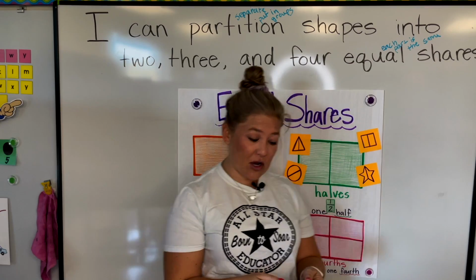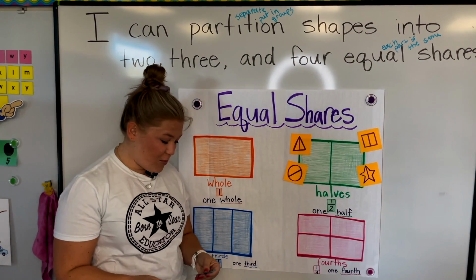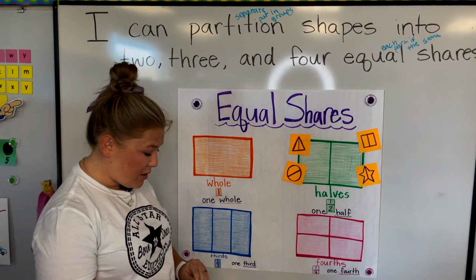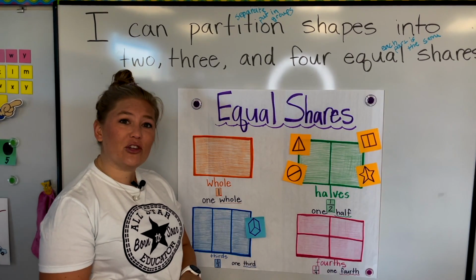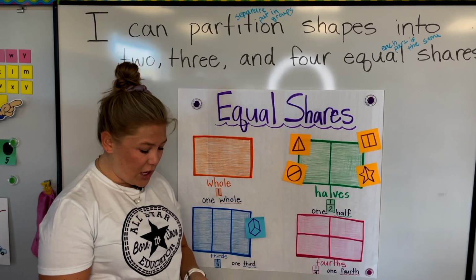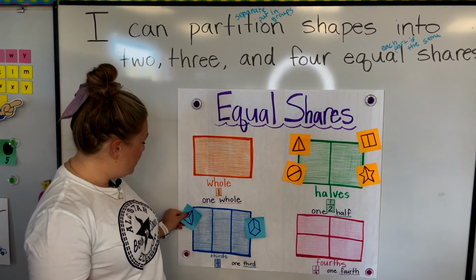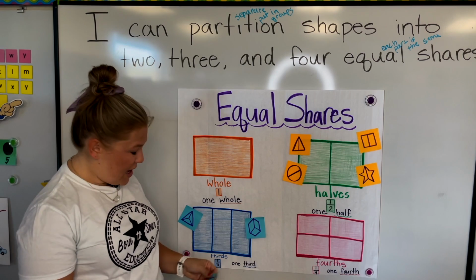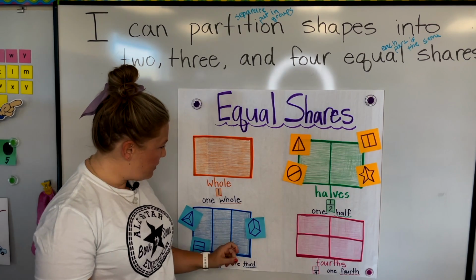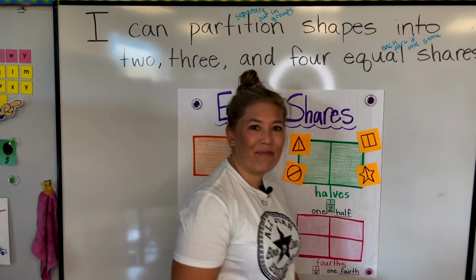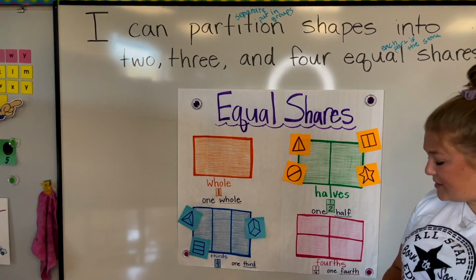All right, now let's talk about thirds. So we have 1/3. We can put a rhombus into 3 equal portions, or 3 equal parts. We can partition a triangle into 3 equal parts, and we can do the same thing with a square. And there are definitely some other shapes as well. All right, and then for fourths, I have my examples.